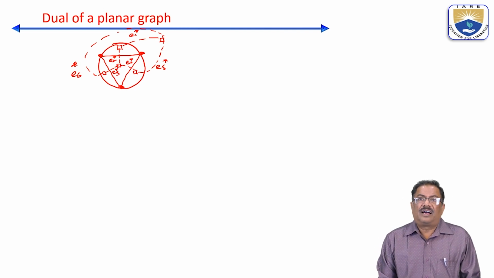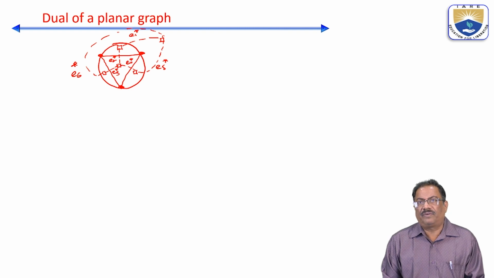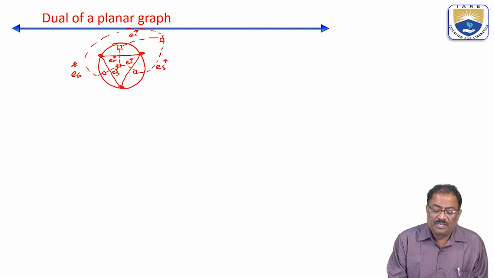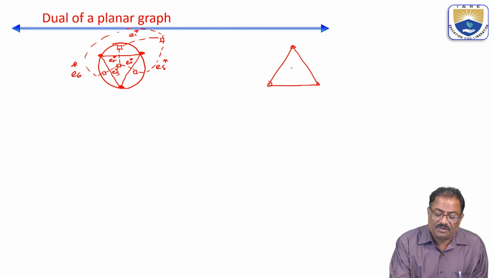That means whatever the number of edges in the graph, the same number of edges will be there in its dual, and whatever the number of regions, that many vertices will be there in its dual. Suppose I consider another graph, a complete graph with 4 vertices.